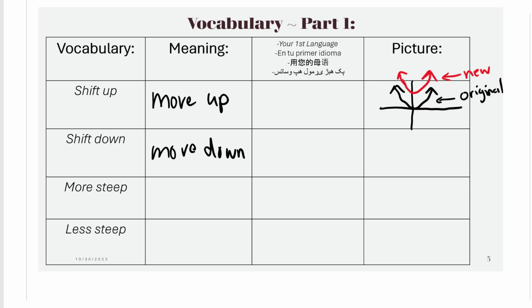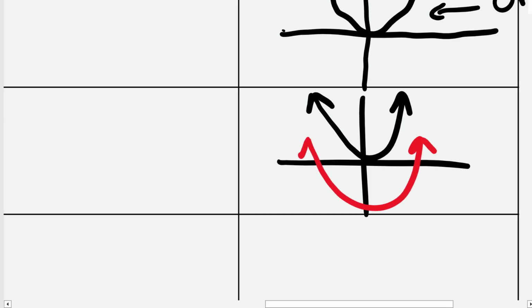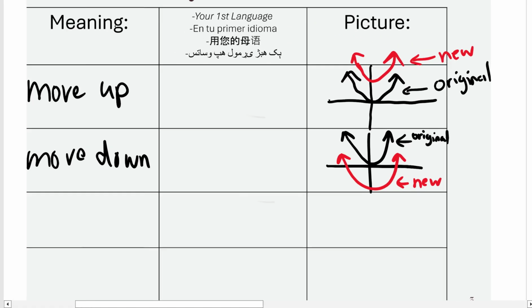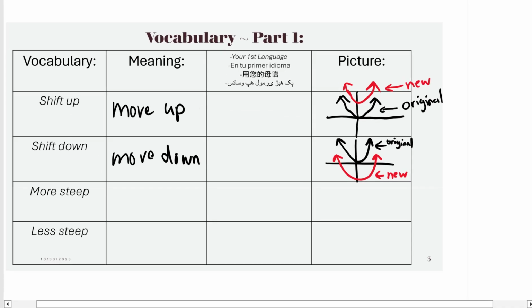Again, write it in your first language, and then we're going to draw a picture. So this is the new graph, and that's the original. So the graph shifted down.